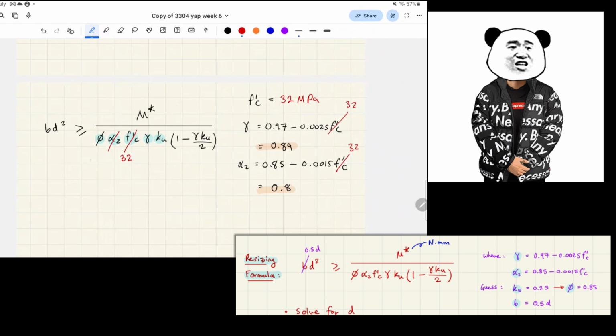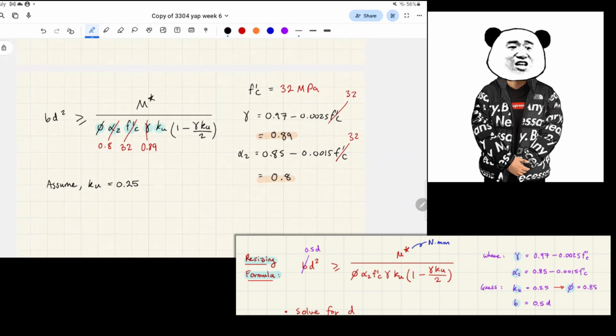Okay, Dom. How do we get these other values which we've highlighted in blue? KU is 0.25, I think from memory. Yes, so we just assume this number. Remember, it's because it's ductile failure. The threshold is 0.36 for a ductile failure, so we're doing well and truly under that threshold.